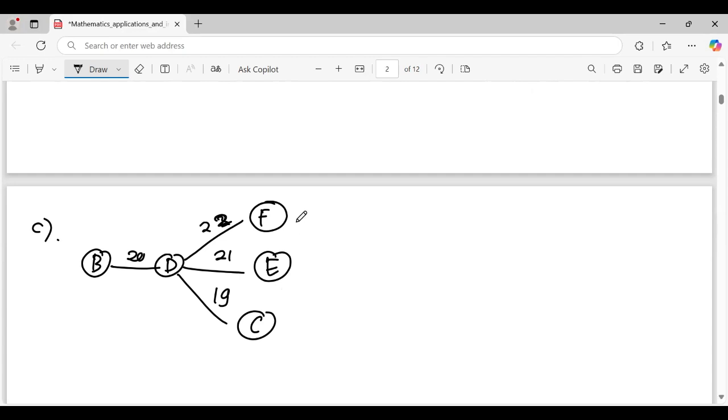Just now, we found as well the nearest town to A is F is 23 and E is 22, F and E.